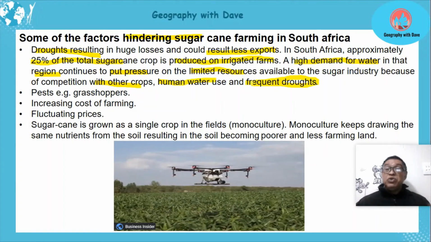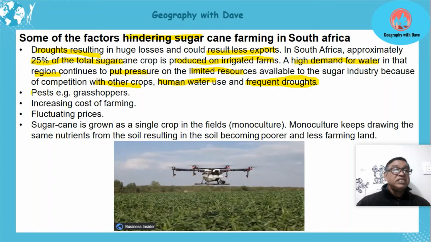Sometimes the droughts make it worse. Even if it's stored water, during droughts you find the levels decrease because no water is being supplied into those storage dams, and the other consumption still continues. So it's a huge thing, droughts, and the reliance on water, 25% on irrigated farms.